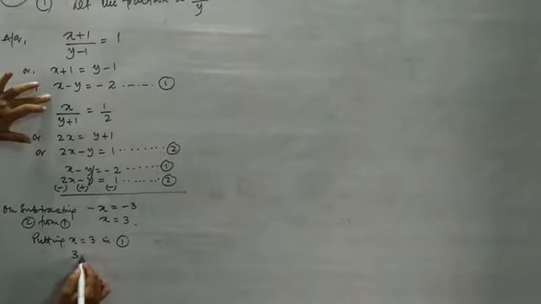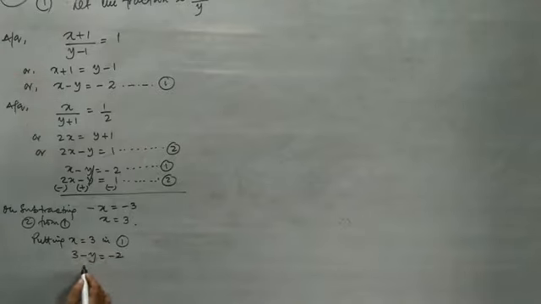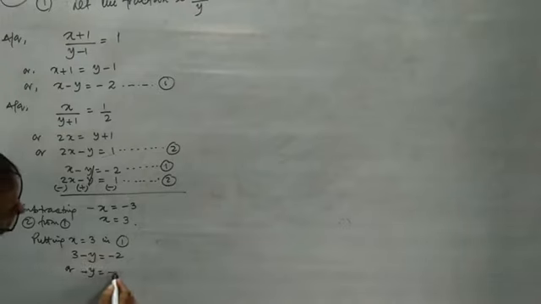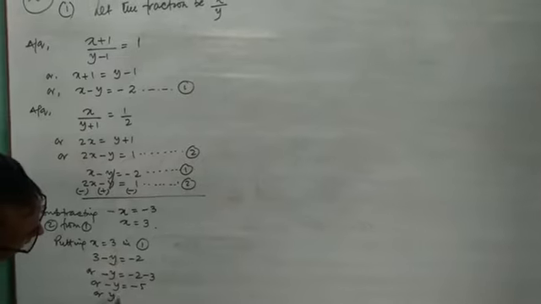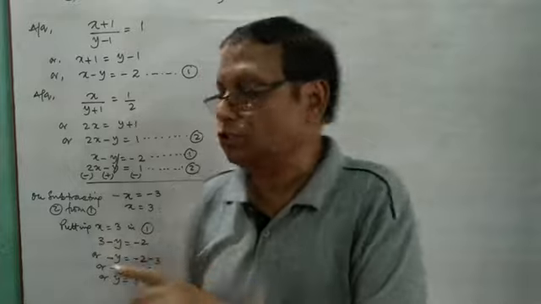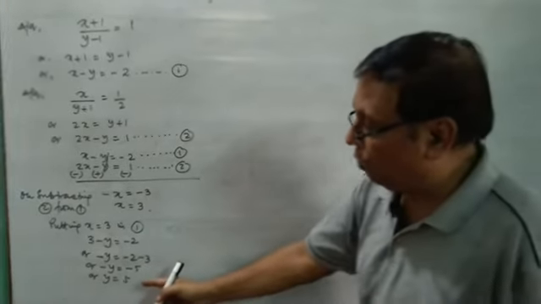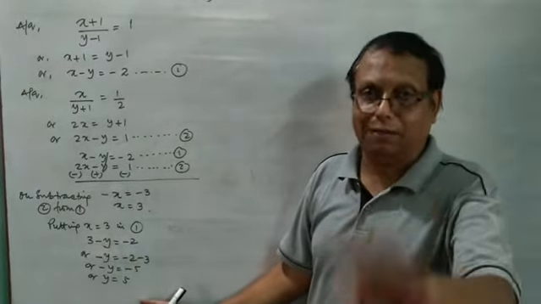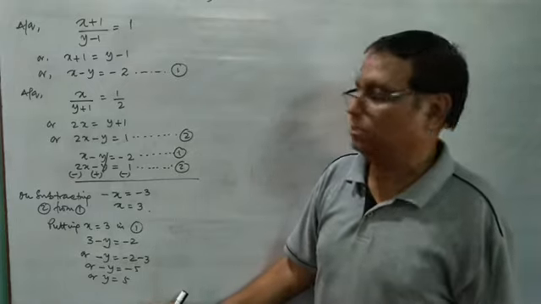So 3 minus y is equal to minus 2, or minus y is equal to minus 2 minus 3, or minus y is equal to minus 5, or y equals to 5. We have got the value of x equals to 3. We have got the value of y equals to 5 by applying the elimination method.